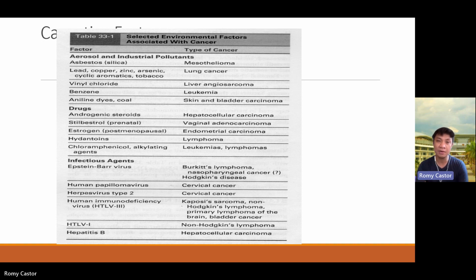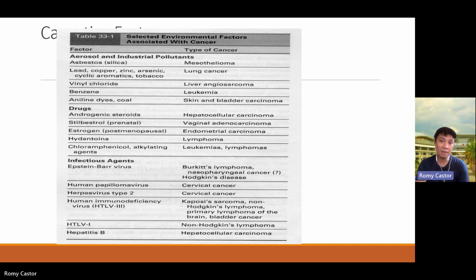But in the case of direct UV light exposure or radiation, it can lead to the production of thymidine dimer. So instead of adenine base pairing with a T, dalawang thymine ang nagbe-base pair. And the production of thymidine dimer can lead to skin cancer. So that's another environmental risk factor natin.